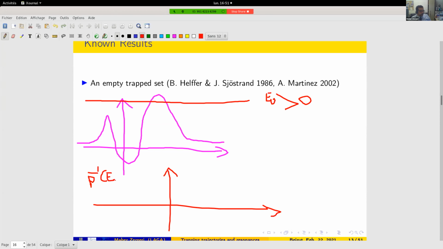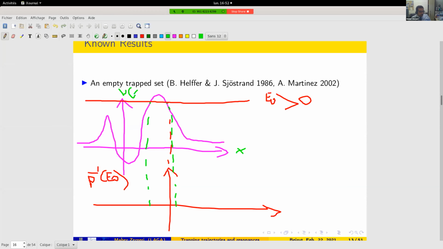So here in X and V of X, this is important.